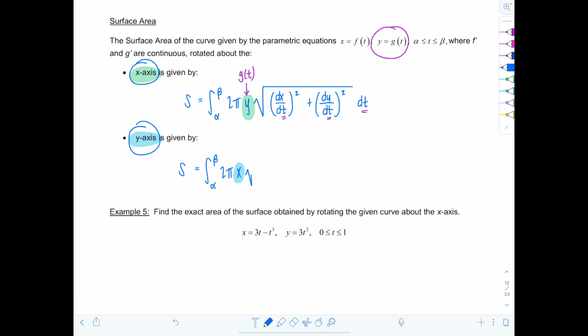And then we have the same arc length portion, so dx/dt squared plus dy/dt squared, dt. And yes, I would end up replacing x with f of t. Good? Okay, so let's just do one example.